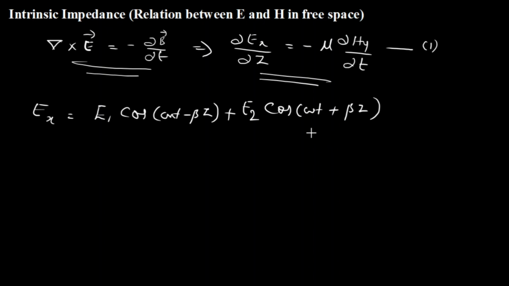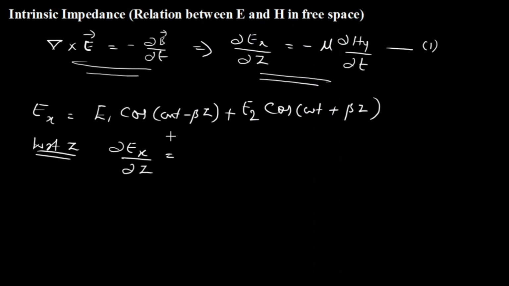Now I am going to partially differentiate this propagation equation with respect to space, that is with respect to z, so that I will get del Ex by del z.